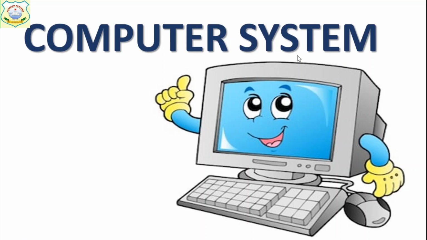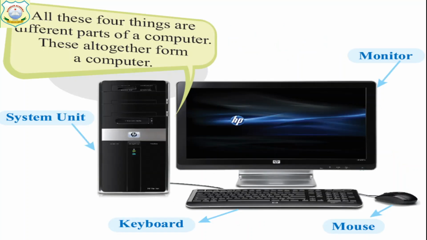Next topic here, now we have computer system. Students, you know what is computer system? Computer itself is telling what is computer system. Now see, I'm going to explain what you mean by computer system, or what are the hardware parts that are collectively called computer system.